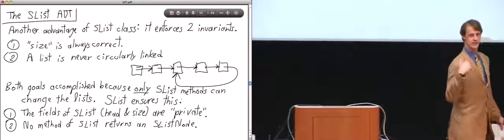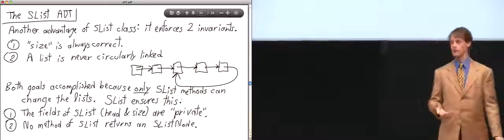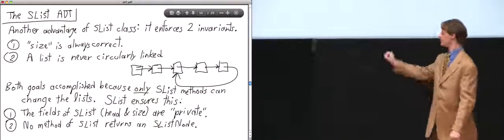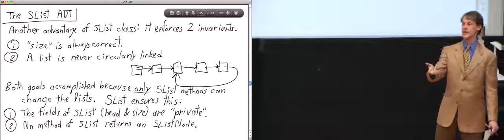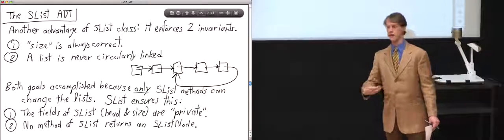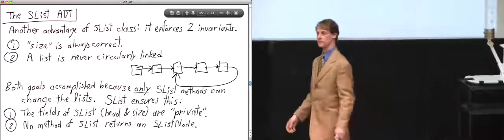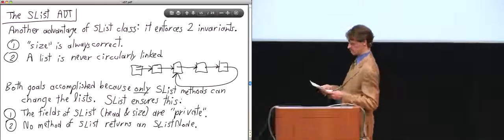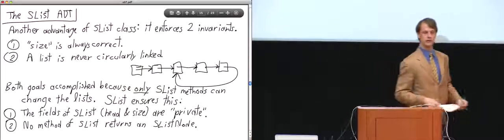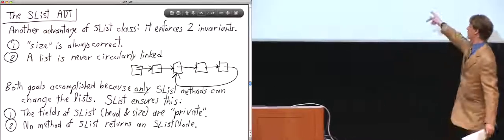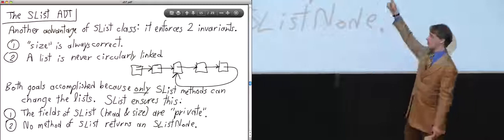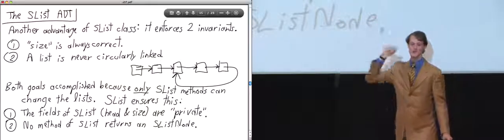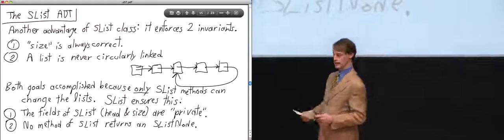Mind you, we're going to change this in a week or two, which will make it harder to encapsulate things. But just to get started here, if you don't give somebody a reference to any of the S-list nodes in any of your lists, then nobody can muck with it. Both of these two facts are necessary, or help you, to enforce invariant 1 and to enforce invariant 2.